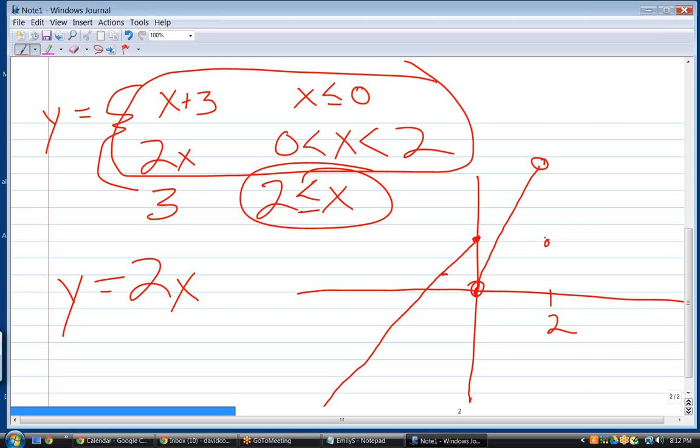So I know that it's a horizontal line like that, but it only goes to the right. It doesn't go to the left. And it's a closed dot because when x is equal to 2, y is equal to 3. So that's that point right there.